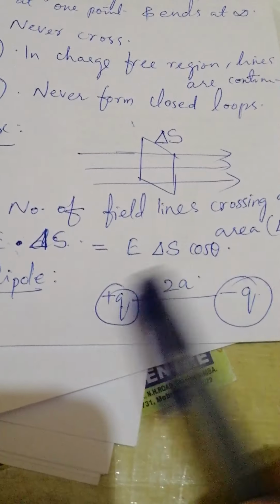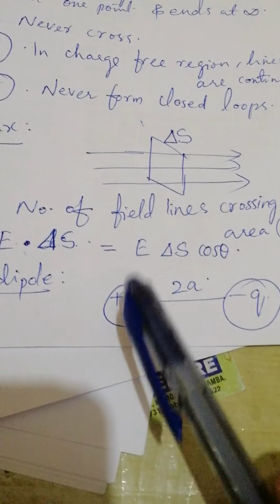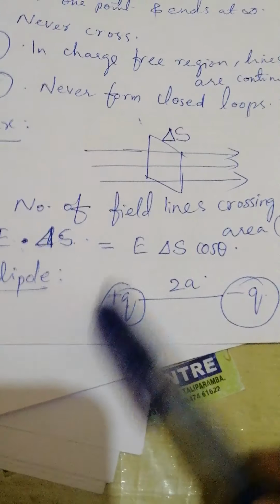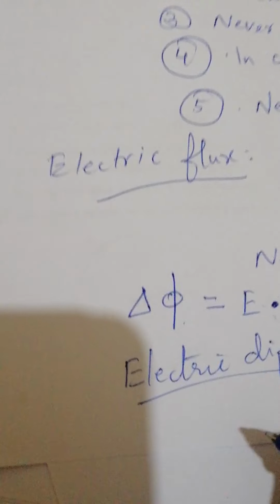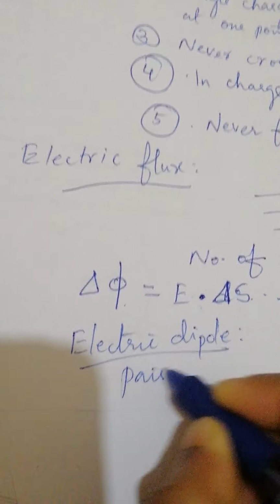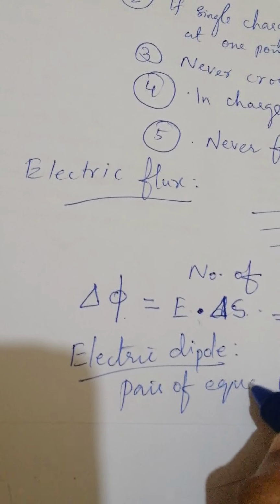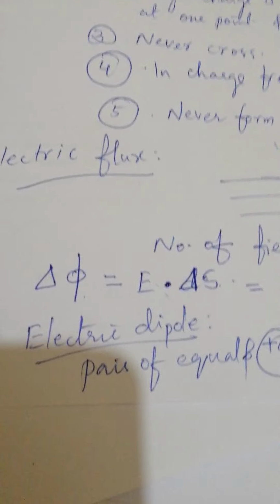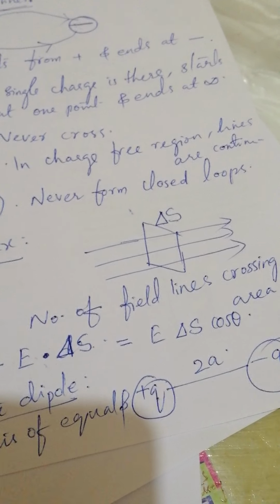So this represents a dipole, a pair of equal and opposite charges separated by a distance. That is called an electric dipole.